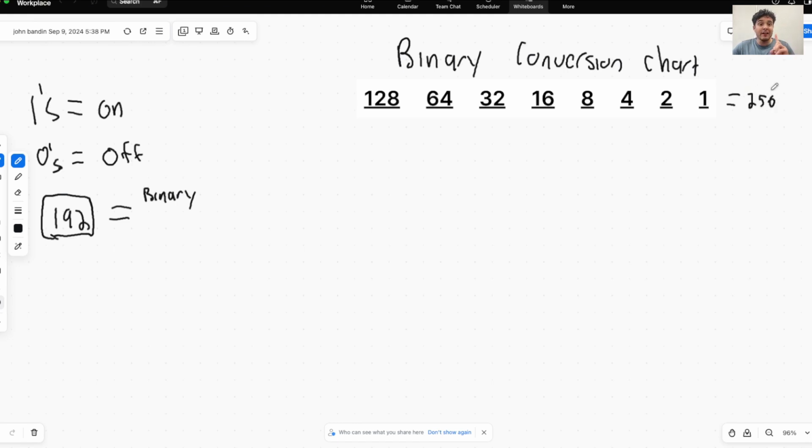256. However, in computing, and this is going to be something you're going to have to get used to, it actually equals 255 because 0 counts as a number. So if we go in and add all this up, so 1 plus 2 is 3, plus 4 is 7, plus 8 is 15, 15 plus 16 is 31, plus 32 is 63, plus 64 is 127, plus 128, that's going to equal 255.